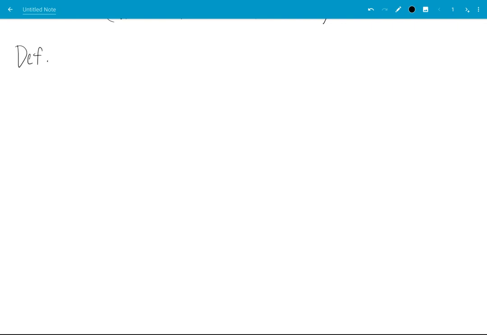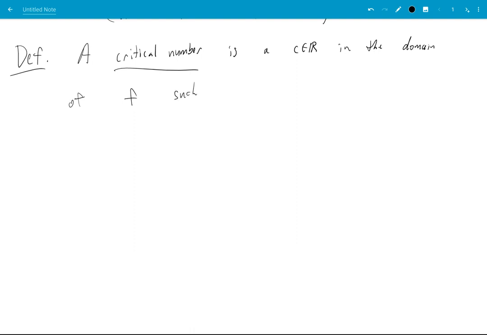So, definition. A critical number is a real number c in the domain of f such that either f prime of c is 0.